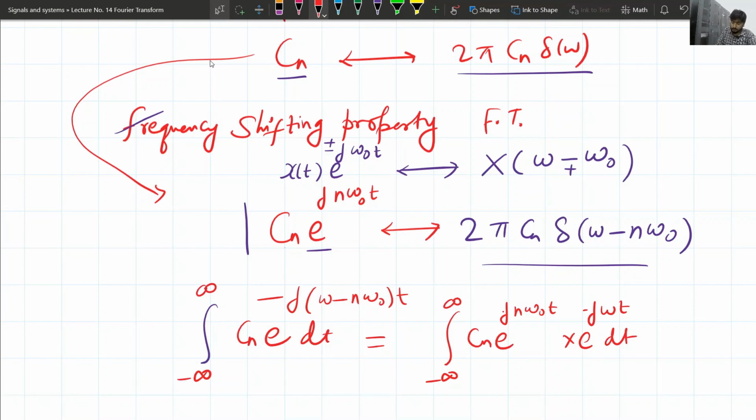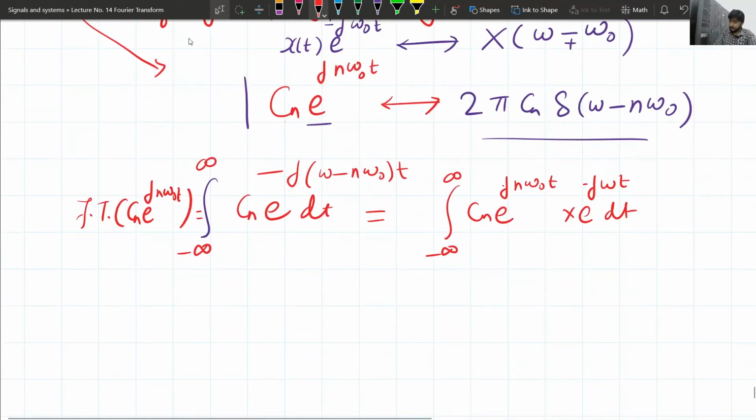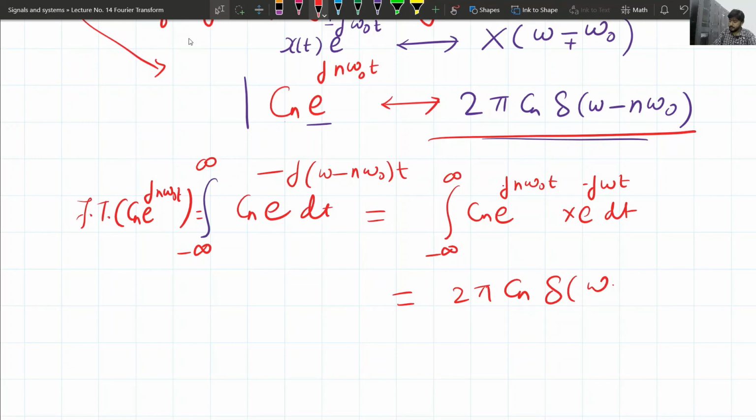Now this is nothing but the Fourier transform of Cn into e to the power j n omega naught t. So we can simply write it as 2 pi times Cn into del omega minus n omega naught.